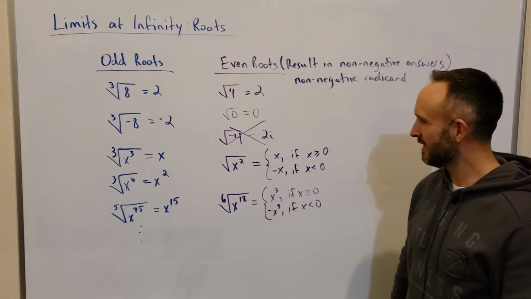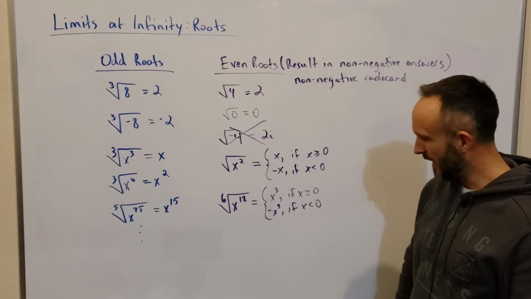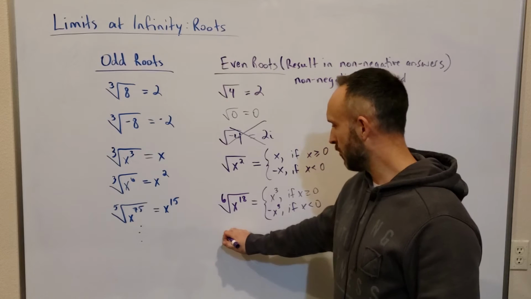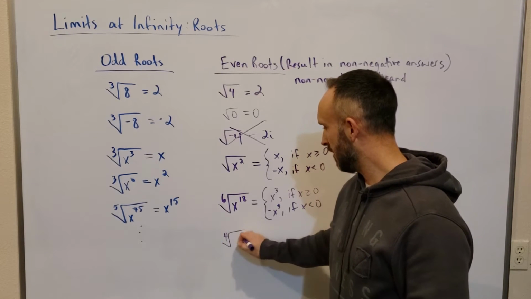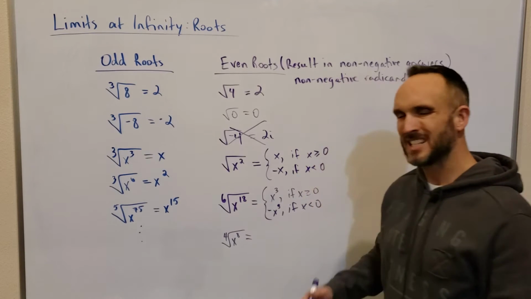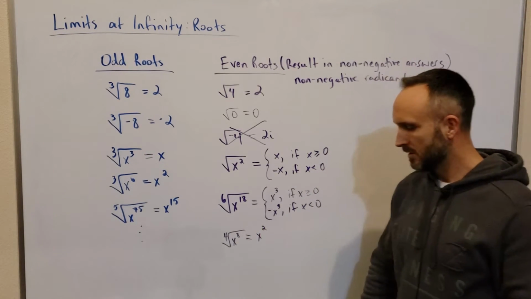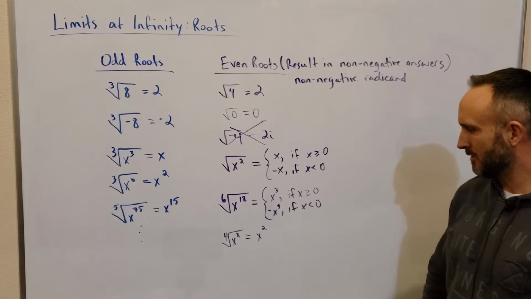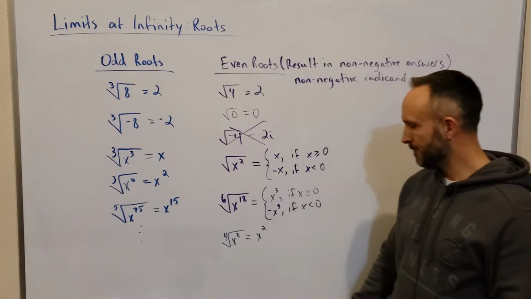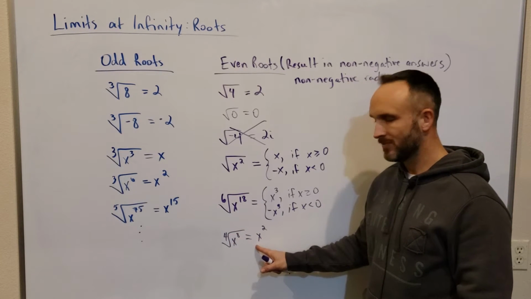You want to throw another kink into things? I think we can do that. Let's suppose that we have the fourth root of x to the 8th. You would expect that to be x squared. Is that an okay answer? Well, we need this thing to output something that's not negative.